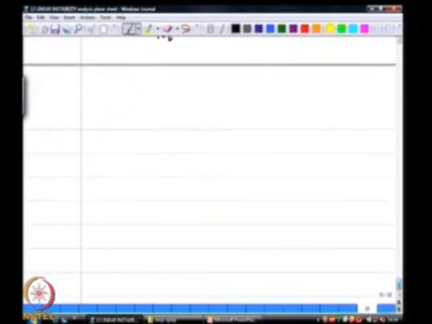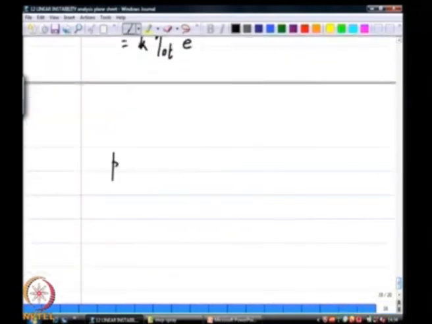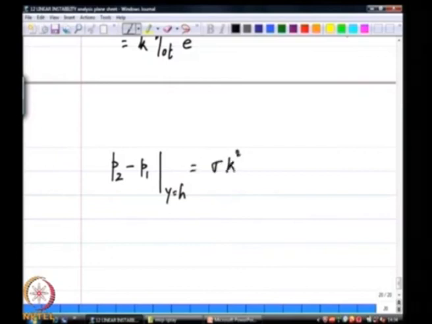If I substitute that in the dynamic boundary condition, I have P 2 minus P 1 evaluated at y equal to h is equal to sigma times k squared eta 0 t e power omega t plus I k x.